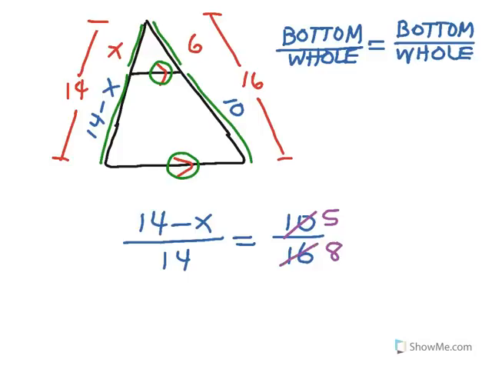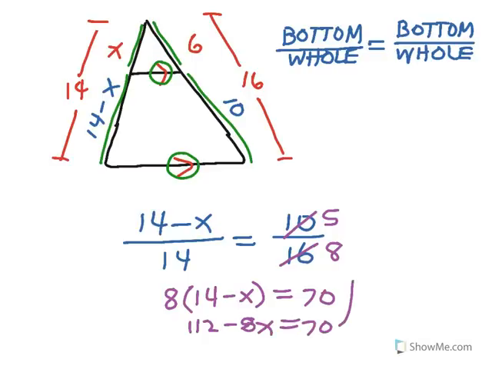So then I can cross multiply. So I get 8 times the quantity 14 minus x, equals 14 times 5, which is 70. So 8 times 14 is 112, minus 8x equals 70.